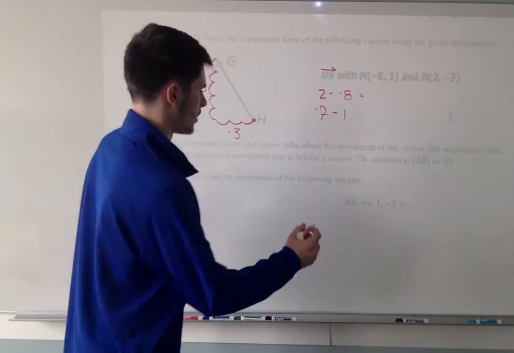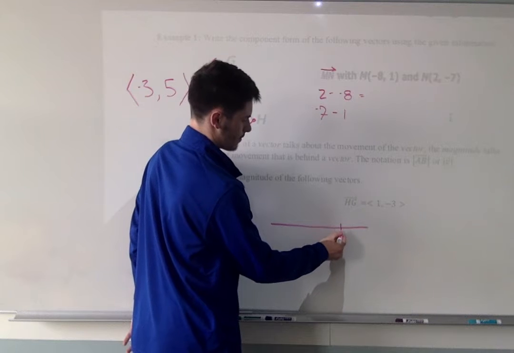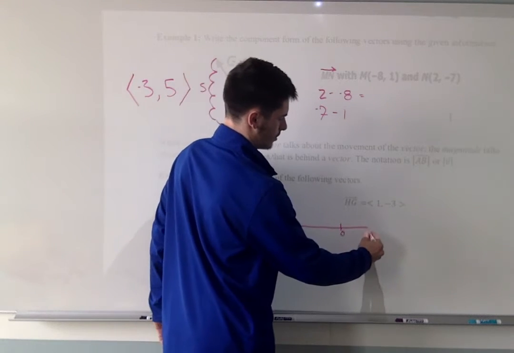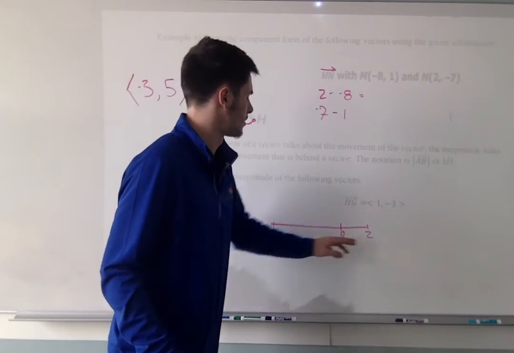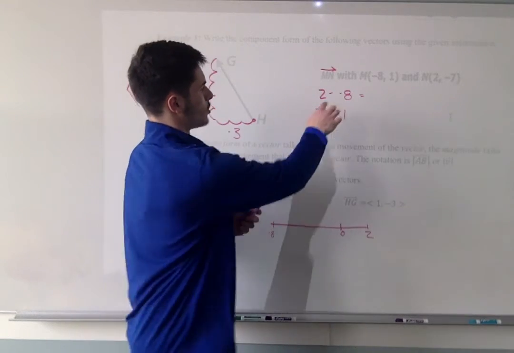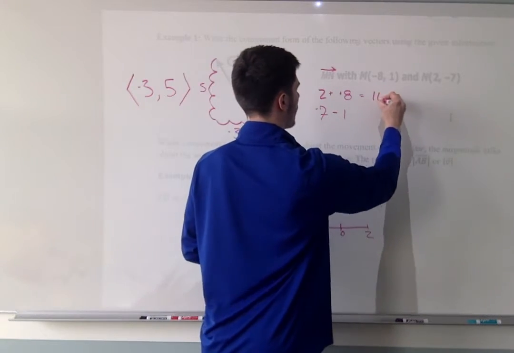So let's picture a number line, right? So here's 0, here's -8, here's 2. So what this is doing when we subtract -8 from 2 is it's counting this whole area. So 2 minus -8 is going to be 2 plus 8, which is 10.